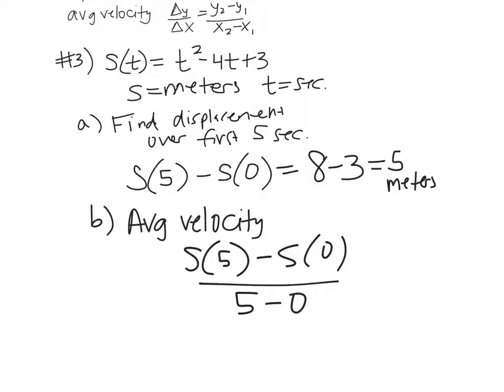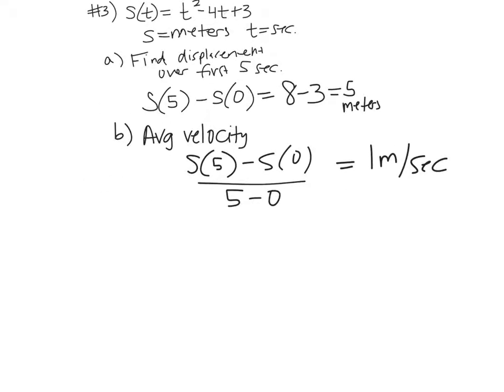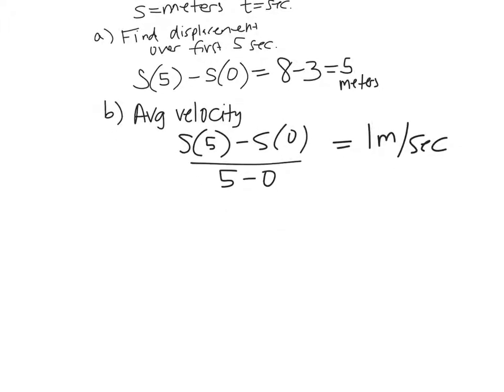It's just y2 minus y1 over x2 minus x1. So you get 5 over 5, which is 1 meter per second, which should make sense. You've gone 5 meters in 5 seconds, so you're averaging a meter per second. That doesn't mean that in the first meter you might not have been going really fast and then slowed down. It's just your average.